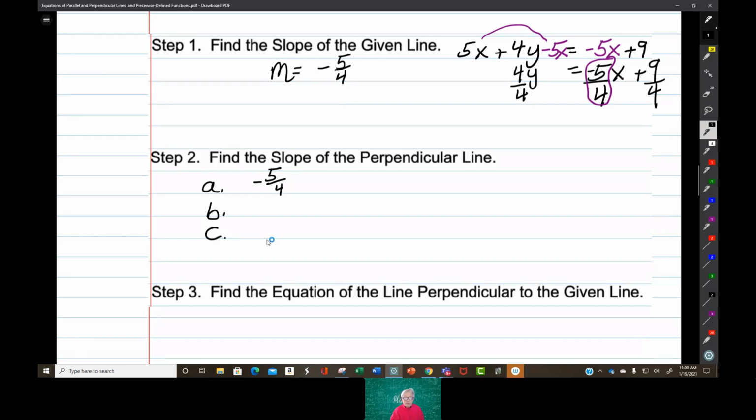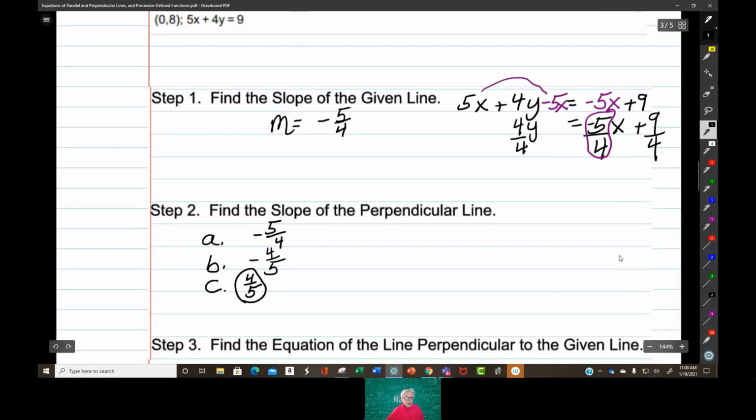B, write the reciprocal. C, change the sign. That's the slope of the perpendicular line. The line perpendicular to the given line.